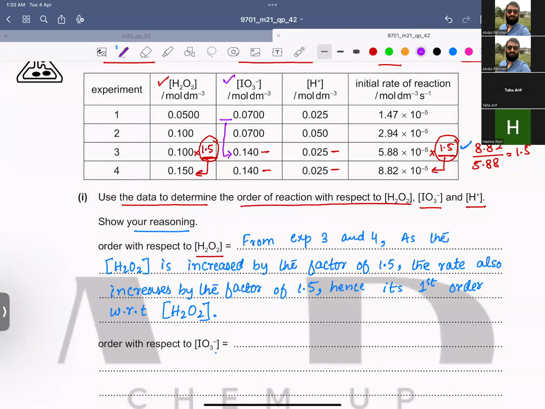Okay, what I'm going to do is choose experiment 1 and 3.